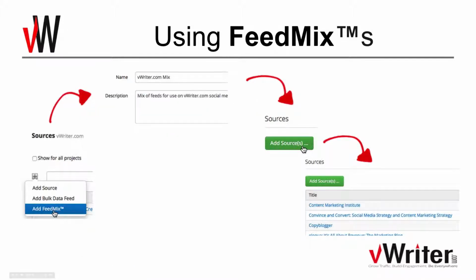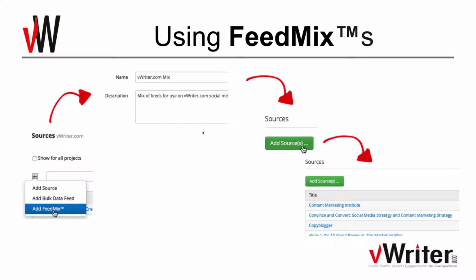There's another type of feed within your account called a feed mix feed, and this is really useful for content curation, basically because you can mix a lot of different feeds from, say, different websites within your niche. For example, you may have found different sources using BuzzSumo that we looked at before, or other websites as you trawl around looking for suitable content.